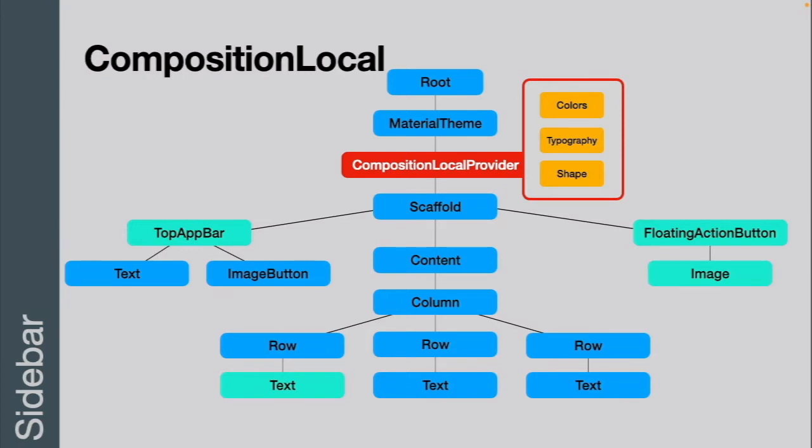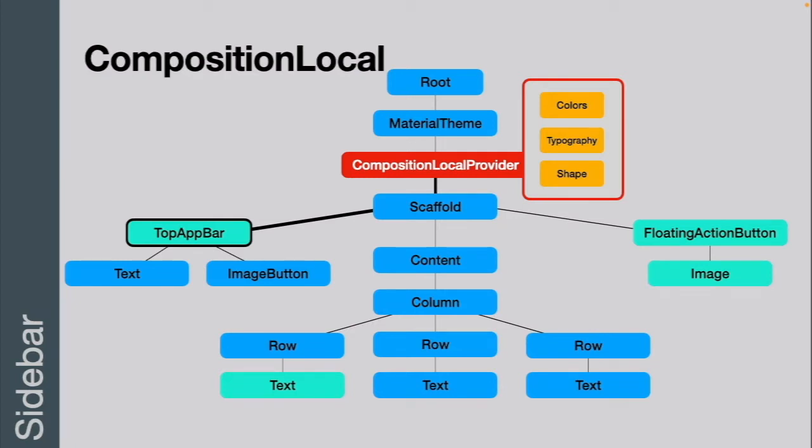And so what happens is when our top app bar needs to know what color do I need to be, what is within the scope of this composition, what is the accent color, the primary color, whatever that might be, it's able to actually navigate just up through the tree, through the parents, until it can find a composition local provider that provides the color composition locals. All right, and that way, it's able to get its color and it's able to style itself.